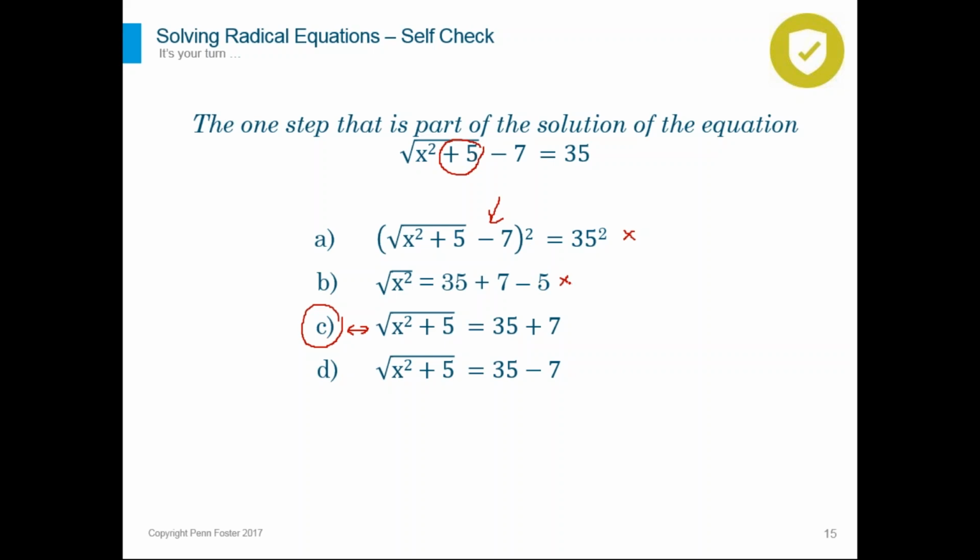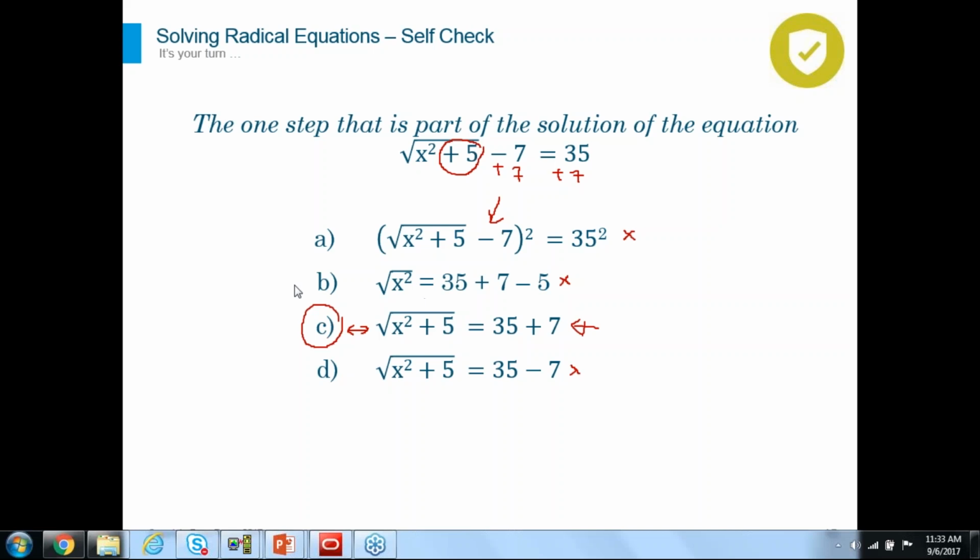So that is incorrect. We do not do that. And then D, actually, they subtracted 7 instead of adding 7, because here is minus 7. I need to do the opposite. So the minus 7 step here is not correct. The only one is this one. This is the correct step among the 4 we have.